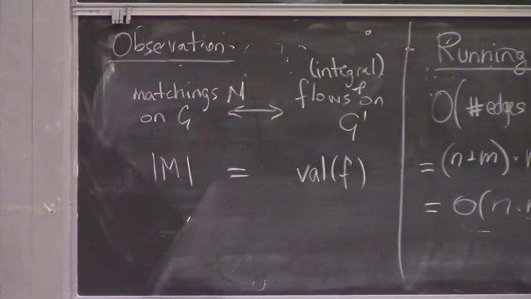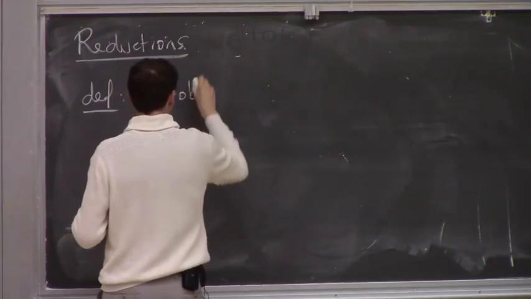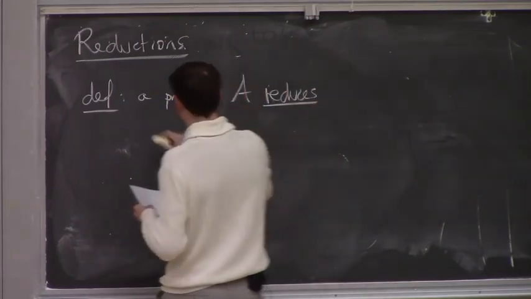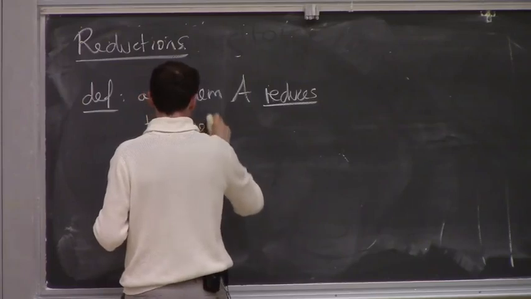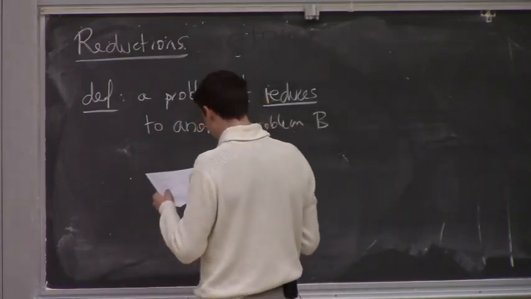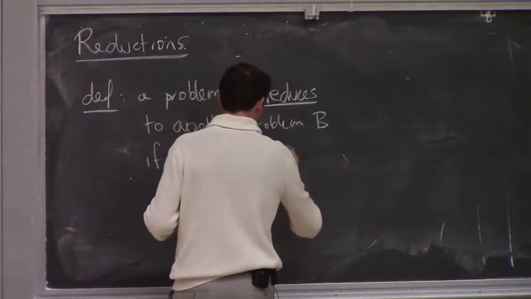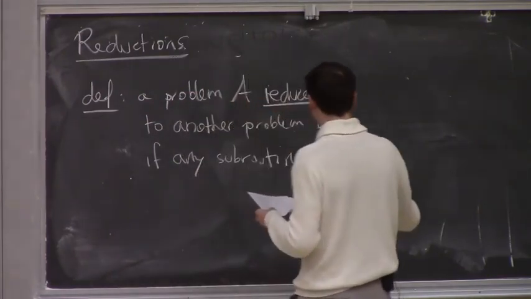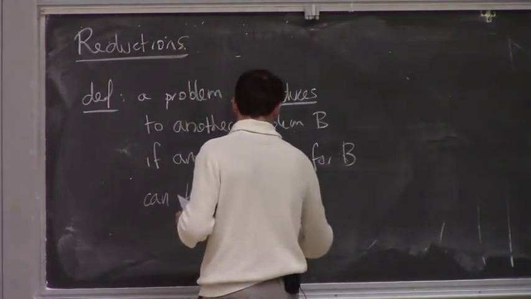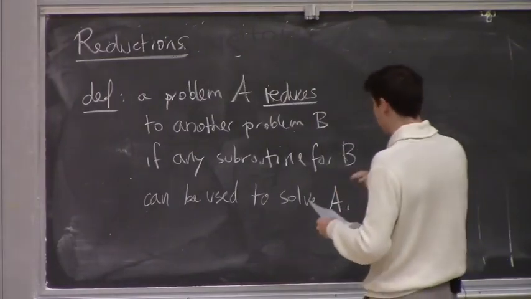So we're going to say that a problem A reduces to another problem B if any subroutine for B can be used to solve A. Let me make sure I got my directions right, because I always mess up the directions of this.